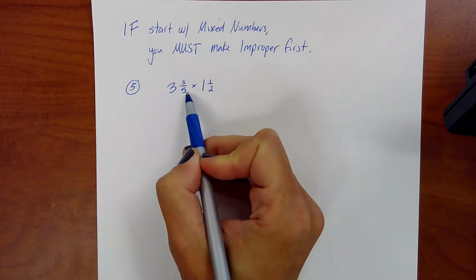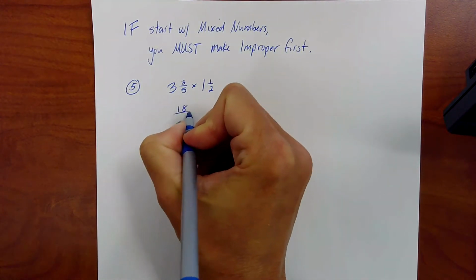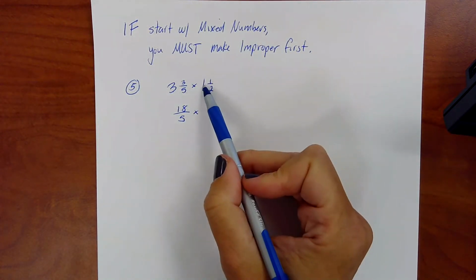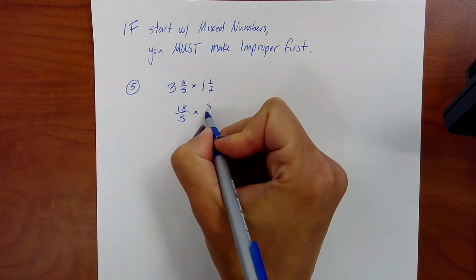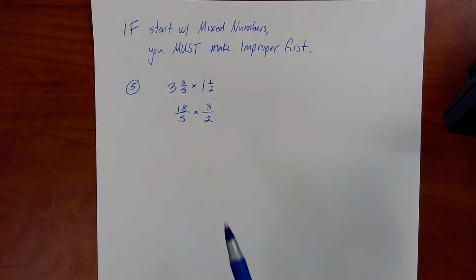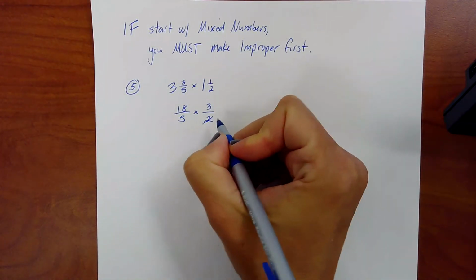So 3 times 5 is 15, 16, 17, 18, and you keep that denominator. This will be 1 times 2 is 2 plus 1 is 3 over 2. Now you can look to see if you can reduce anything. I'm looking at the 2 and the 18. I can divide those both by 2.